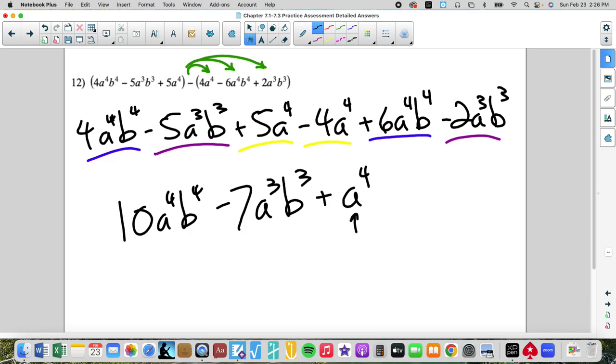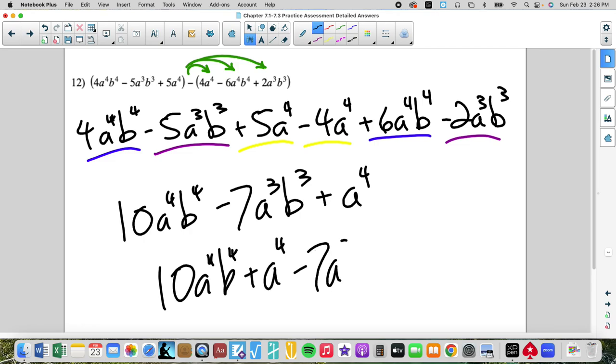This a to the fourth is going to come after this a to the fourth, b to the fourth, but it's going to come in front of a to the third. So they're all tied with a's. And then, so 10a to the fourth, b to the fourth, plus a to the fourth, minus 7a to the third, b to the third.